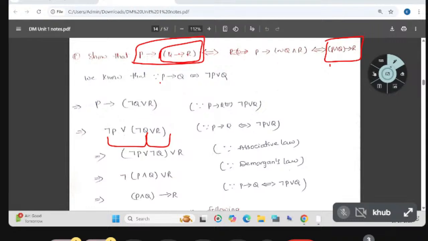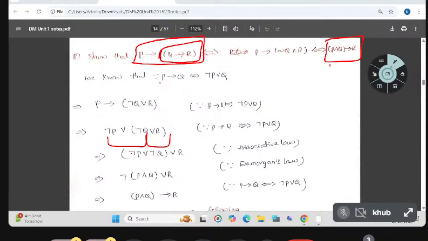Right. So that I am writing from associative law, and again I am going with your De Morgan's law, that is I am making R statement into AND statement. So how it will be converted? When you are looking into your De Morgan's law, your OR statement can be converted into AND with the help of your De Morgan's law. Right. So I am converting my OR statement into AND statement. I am rewriting the above statement. That is above line I am again replacing. Right.